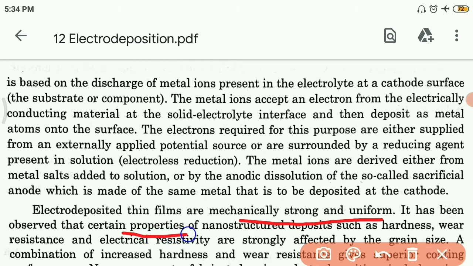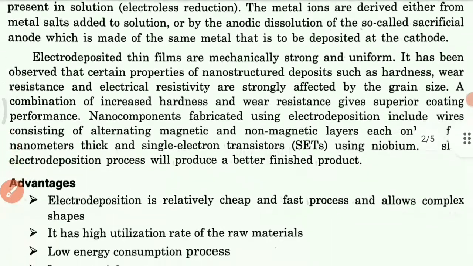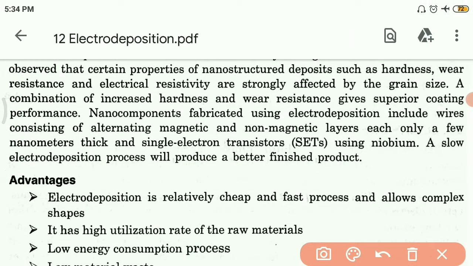Okay, now the electrodeposited thin films are mechanically strong and uniform, and it has been observed that certain properties of the nanostructured deposits, such as hardness, wear resistance, and electrical resistivity, are strongly affected by the grain size. Okay, so a combination of increased hardness and wear resistance will give you superior coating performance.